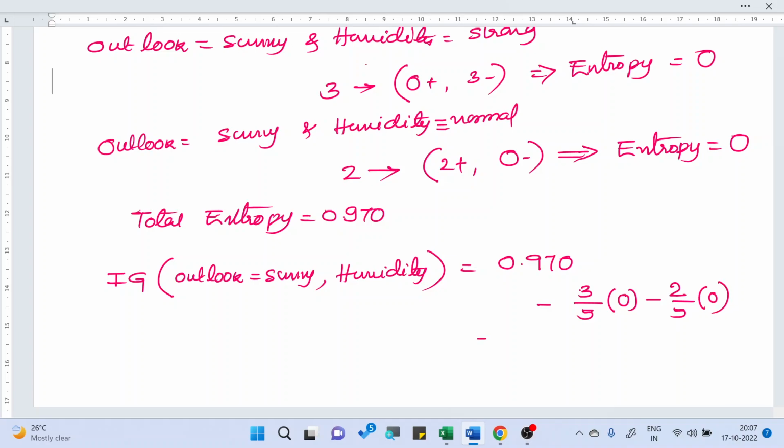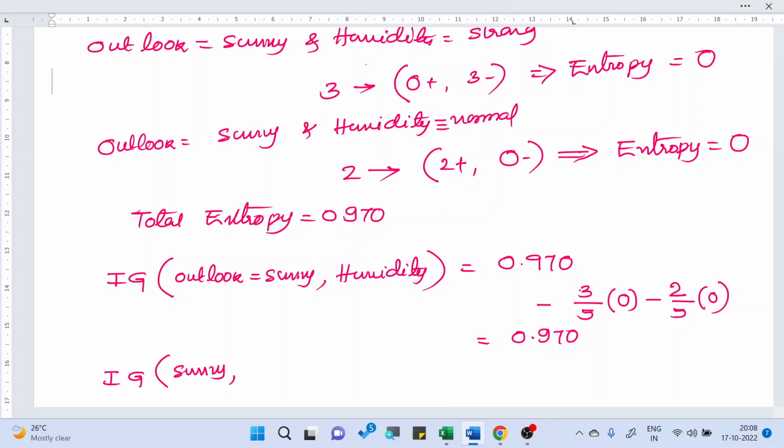So, the information gain for outlook is equal to sunny and humidity is 0.970.